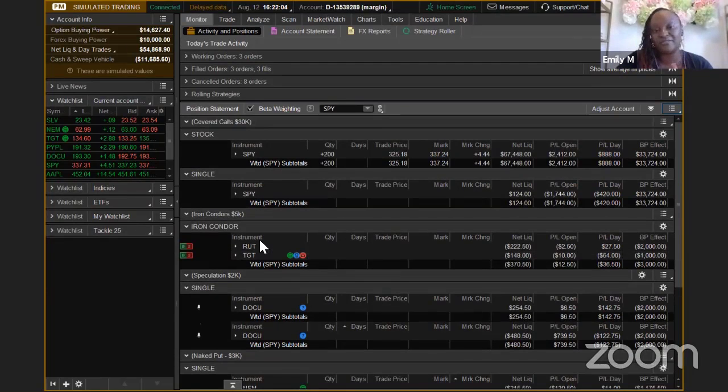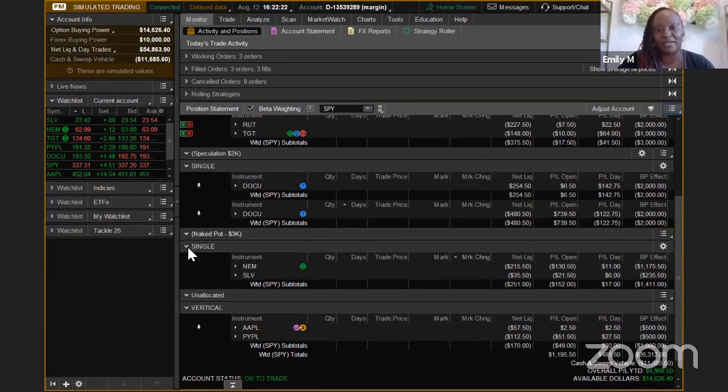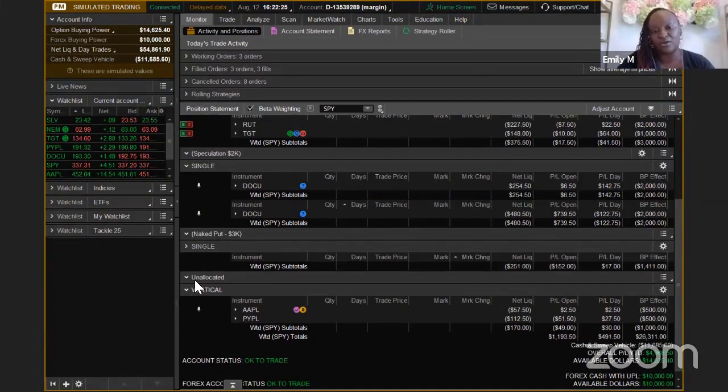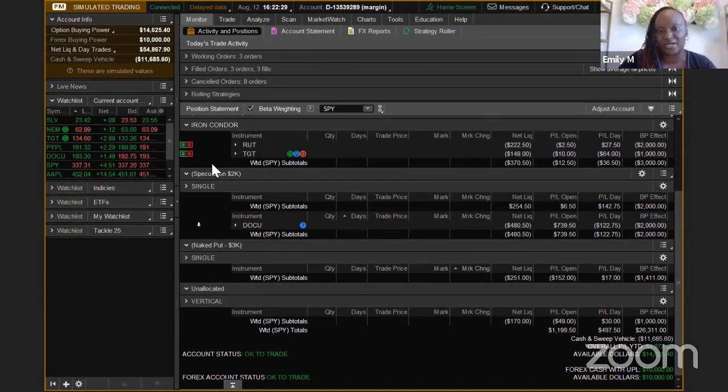I have a specific dollar amount categorized per strategy. If it's covered calls, I know I'm going to allocate X amount of money to covered calls. If it's iron condors, I'm going to allocate X amount of money to iron condors. If it's speculation trades, if it's naked puts, whatever the case might be, I've categorized them by however much capital I want to allocate to each different strategy.